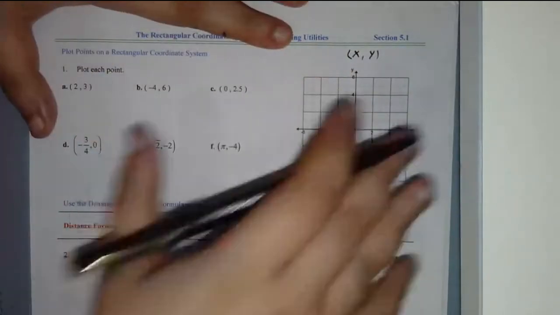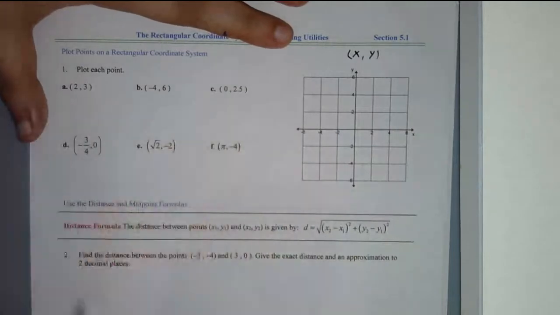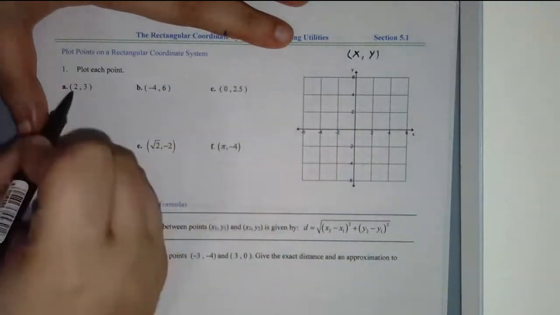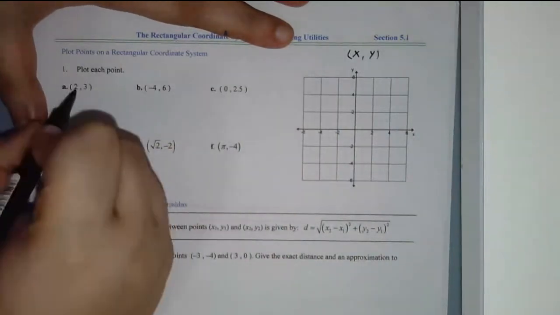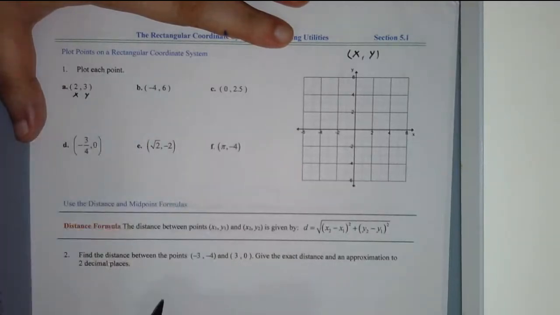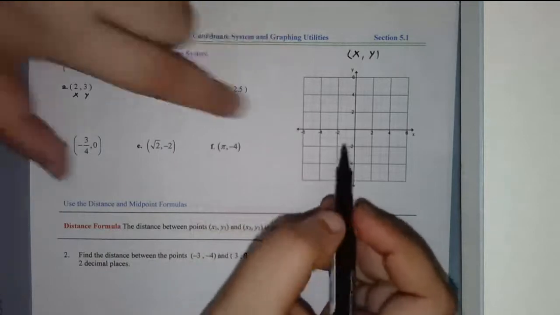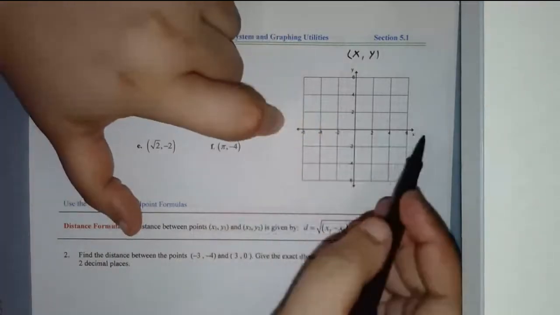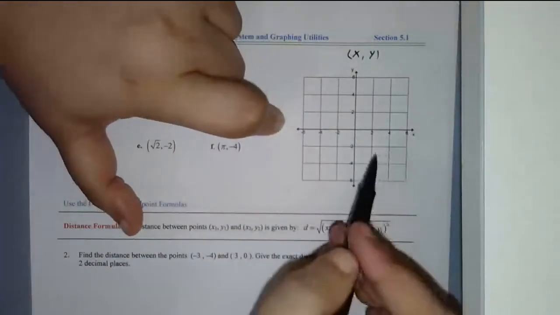Now, with that knowledge, let's try to plot these points. First one we have is (2, 3). That means that my x is 2 and my y is 3, yes? So what we're going to do is go here to the x-axis, which is the horizontal axis.